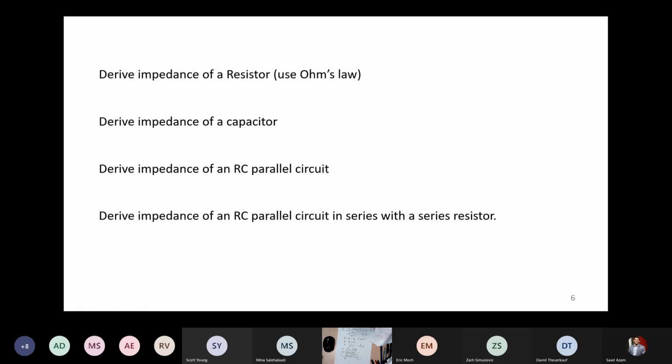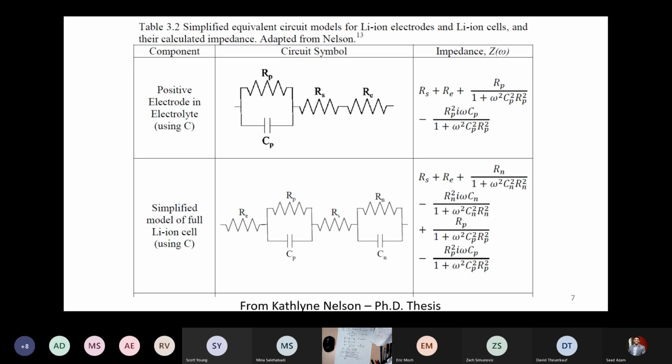All right, so then it says derive impedance of an RC parallel circuit in series with a series resistor. We'll come to that in a second. Okay, so here are some simple models of what you could use to represent the impedance spectrum of components of lithium-ion cells.